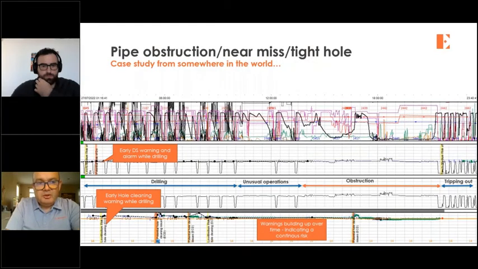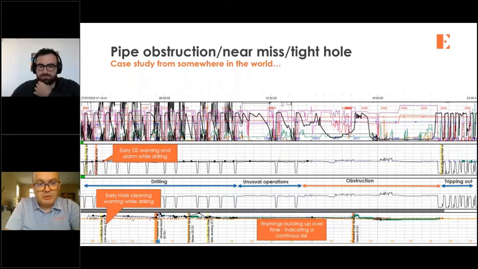That's another very good example also. We don't even know where it is from, because we got it from the service company and we have no idea where it is from. But here what we see is that on differential sticking, at the beginning of this interval, we got a warning that turned into an alarm.